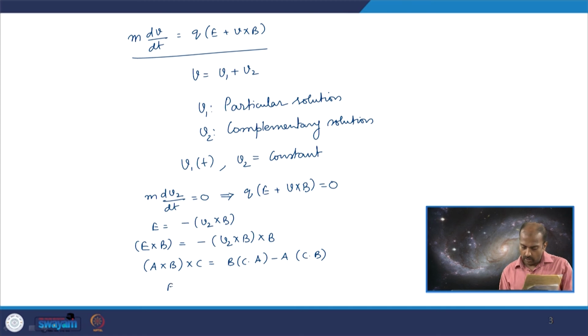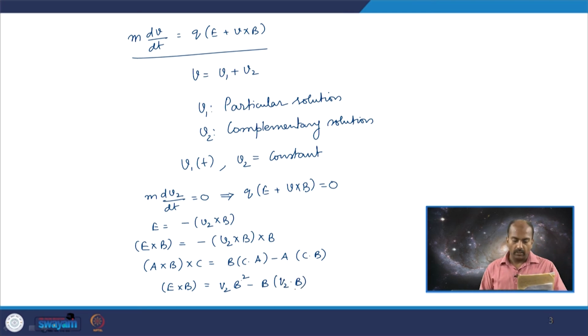So, using this I will write E cross B as equal to minus E cross B is equal to V2 B square minus B times (V2 dot B), right. Now, this is a very peculiar part.